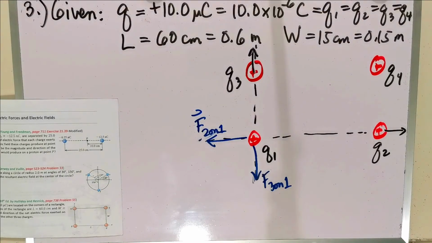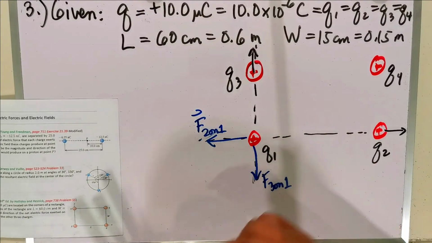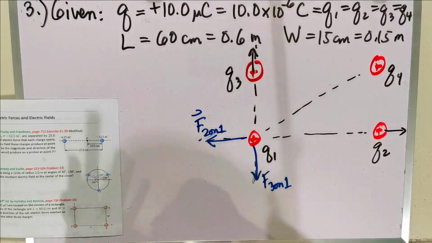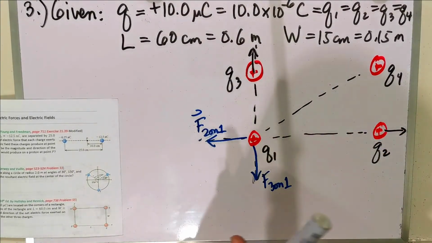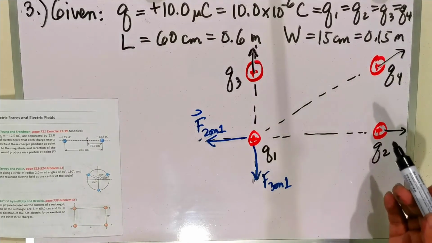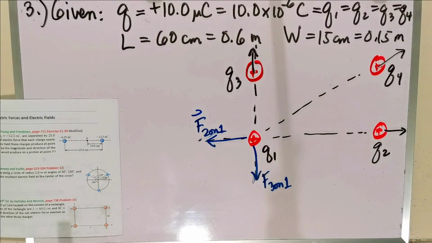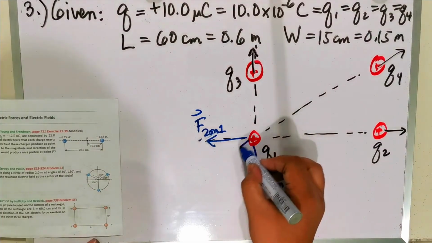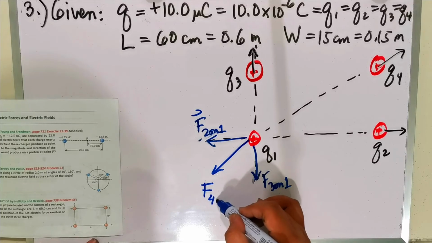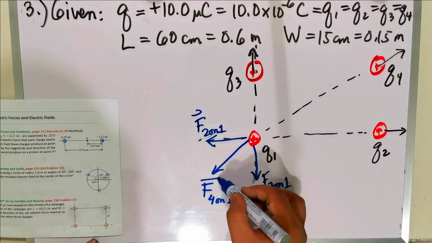Then if we look at Q4, it is not on either the X or Y axis, right? So the line of action of their force lies along this line. In this case, Q1 repels Q4 in that direction, and Q4 repels Q1 in the opposite direction. So this is now F4 on 1.